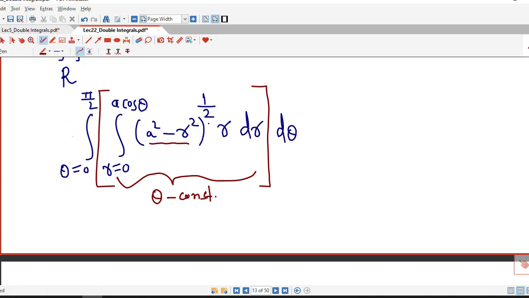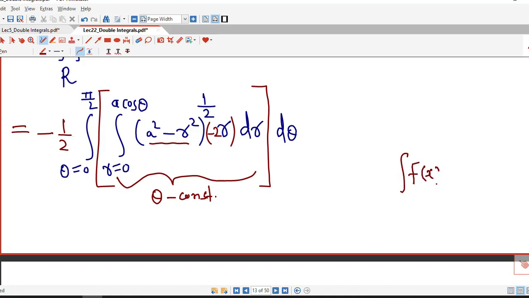We can multiply with minus 2 and divide with minus 2, so this r is written as minus 2r divided by minus 2. You can see minus 1 by 2 into minus 2 is 1 and we don't have any problem. So we adjust the derivative of a square minus r square in the product so that we can use this formula.